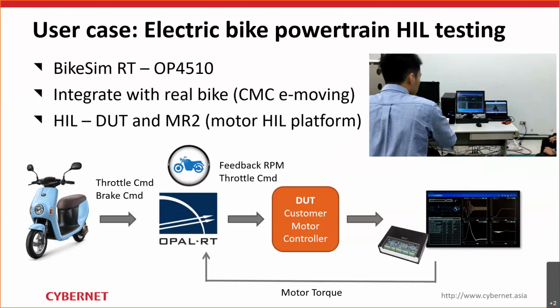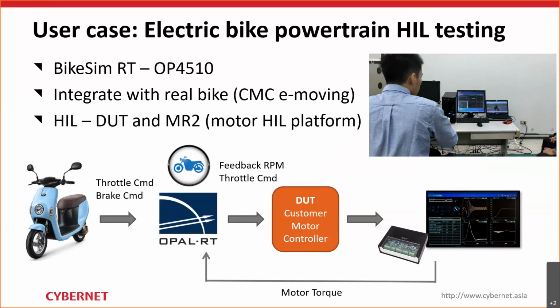Send the throttle command to the customer motor controller. The motor control unit will send the motor command to NR2, the motor simulator. Once the motor torque is sent to VeriStand, the bike in VeriStand will be driven and generate a vehicle speed, which is going to be used to traction the motor.